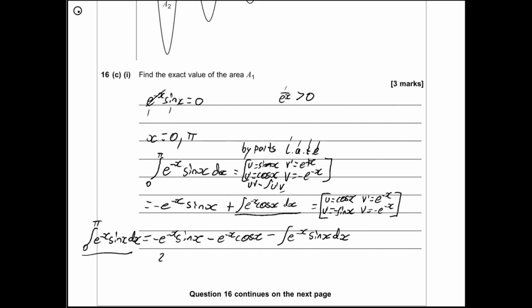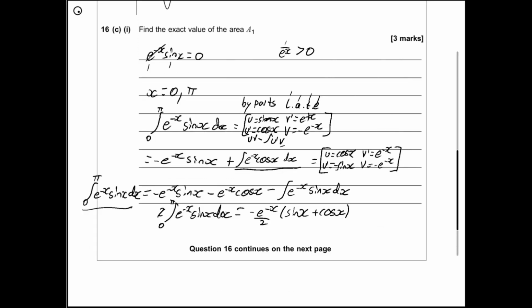So we're going to have 2 of this equal to, let's take out a factor of this, e to the minus x, sine x plus cos x. And then we can just divide everything by 2.